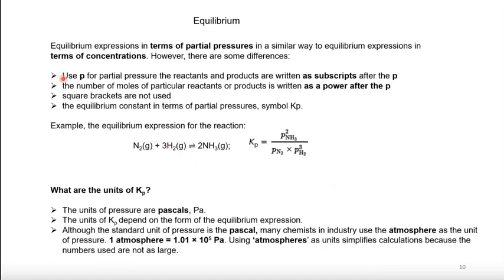For partial pressure, we symbolize it with P, and the reactants and products are written as subscripts after the P. The product P subscript is ammonia, and the reactants are P subscript nitrogen and P subscript hydrogen.